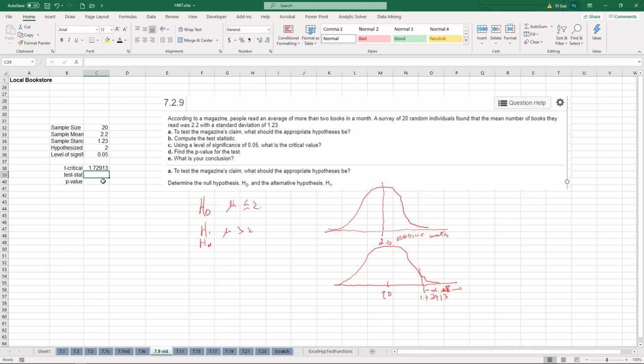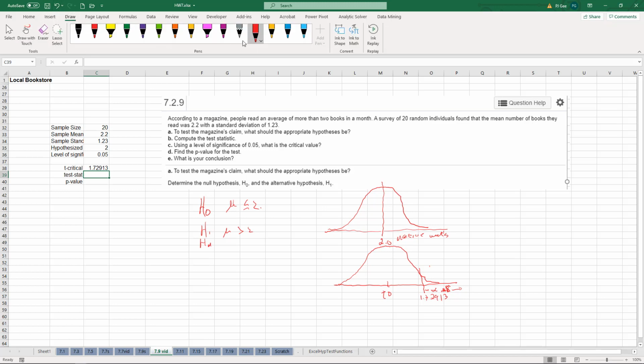So if we find by running this on our sample data that the test statistic is greater than T critical, or, the same thing, that the P value is less than alpha, it's just flipping a reference.